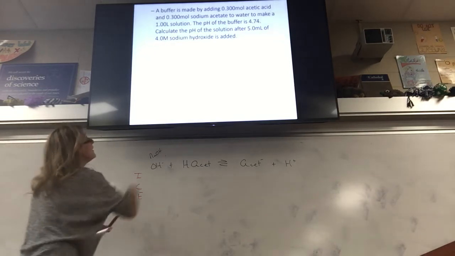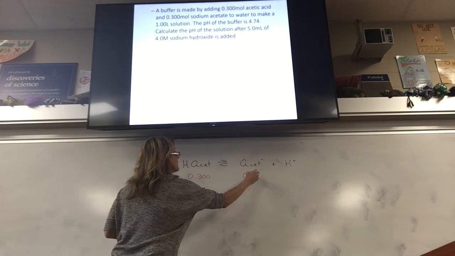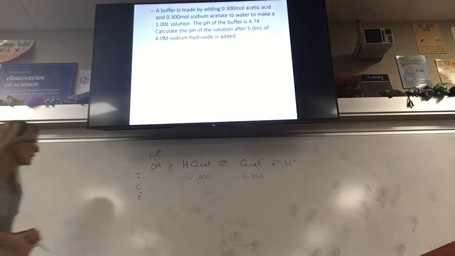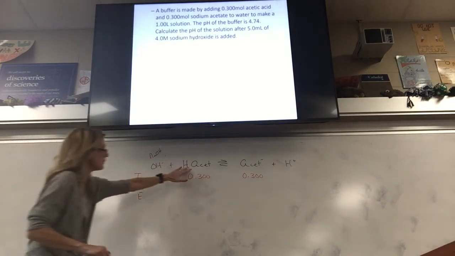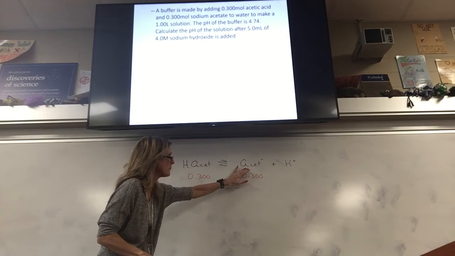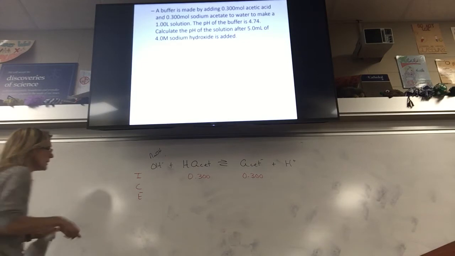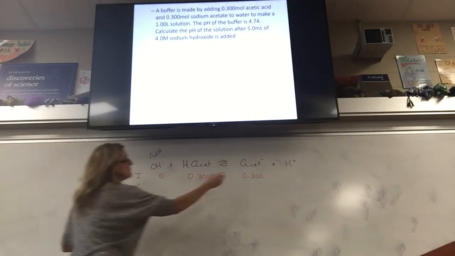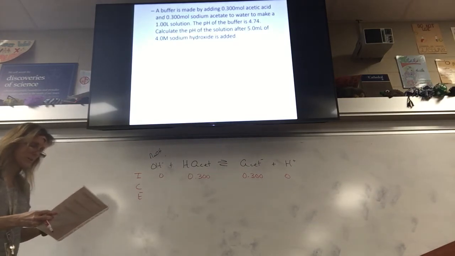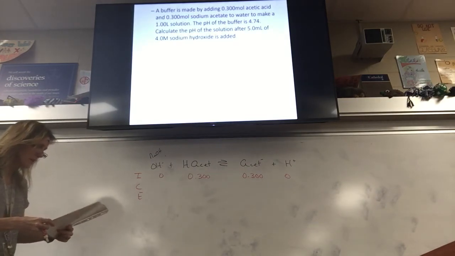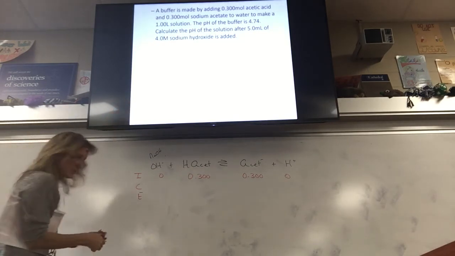So initially we have, again, do it in moles first, here's our buffer of 0.3 moles of our weak acid. We also have our common ion, 0.3 moles of our acetate ion, and we have 0, 0. Okay, so then we're going to add in, where can you see it best?